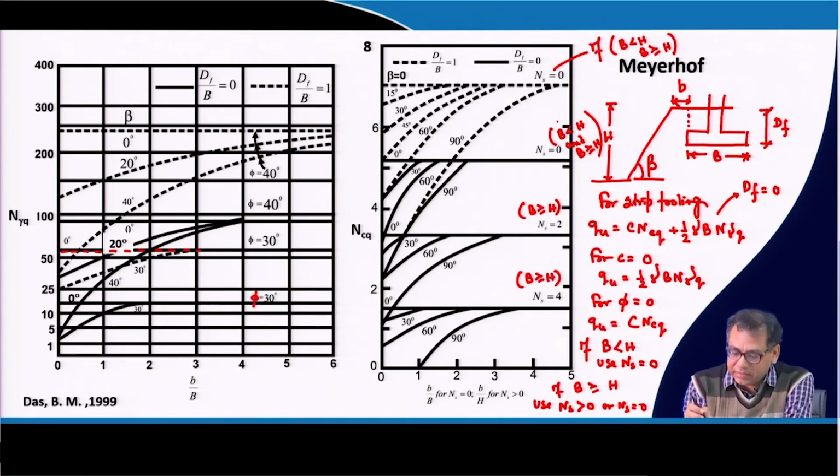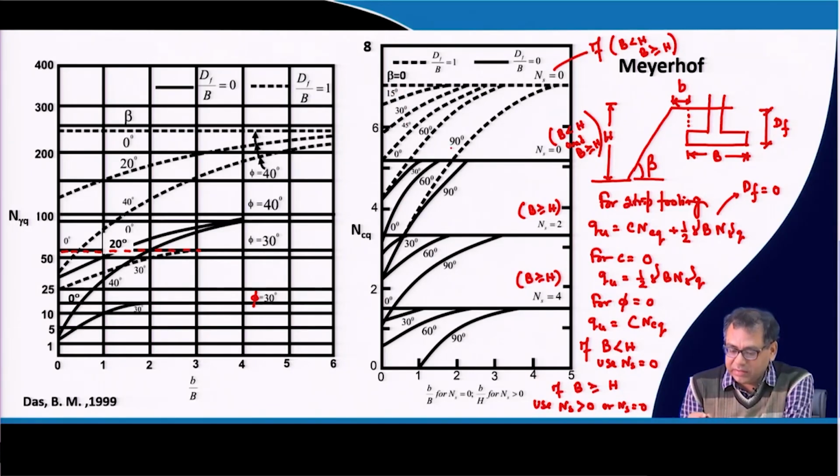Clear? And as I mentioned, these dotted lines are for df by b equal to 1 and the firm lines are for df by b equal to 0. And these are for the angle beta of 15 degree, 30 degree, 45, 60, 90 degree.